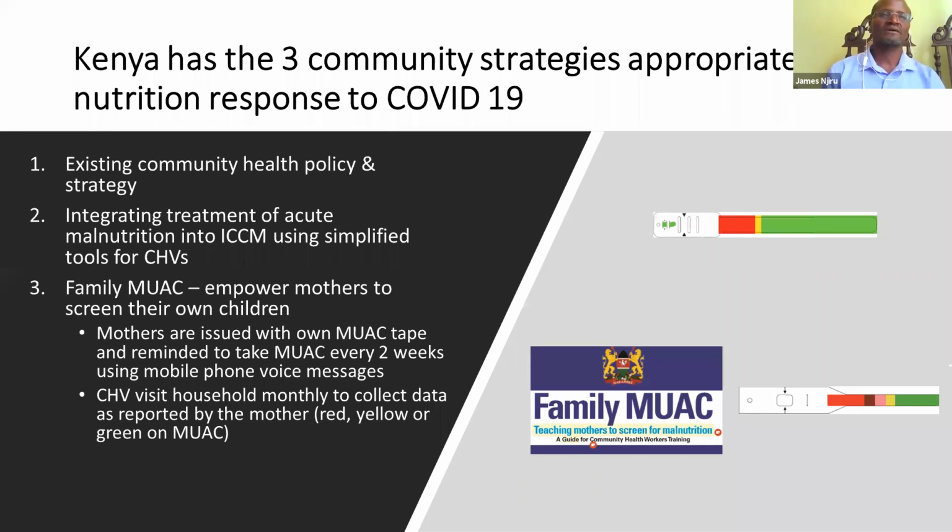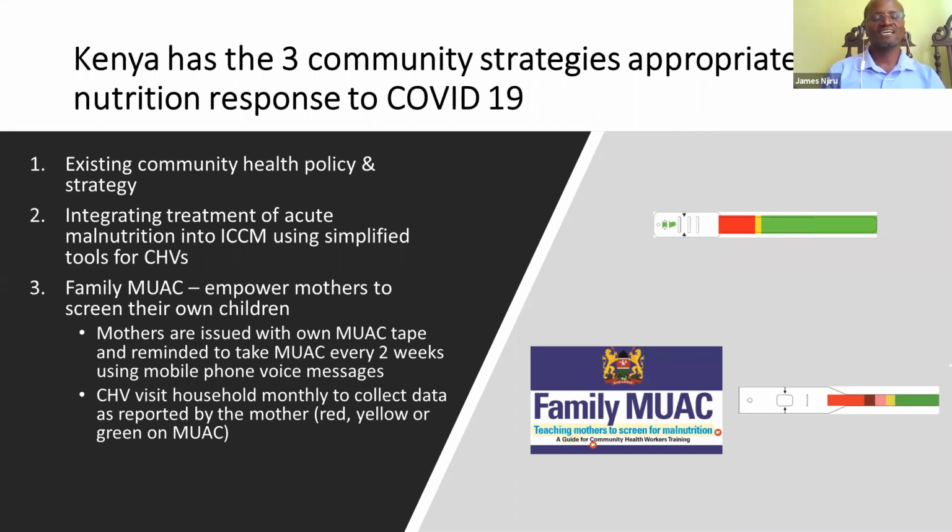It was localized in some counties. We had also had pilot research and then pilot, and now we are on scale up of family MUAC, where mothers in different counties have been trained and issued with MUAC tapes to screen their own children. And so that has already been on scale up.